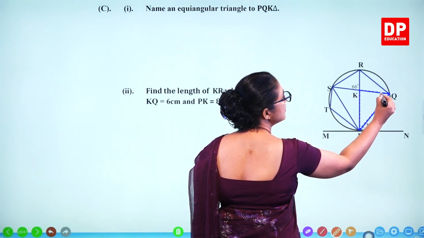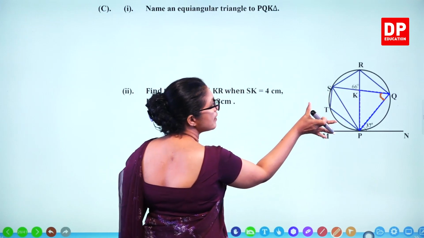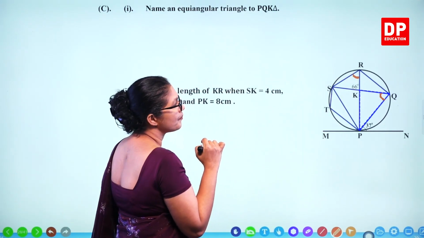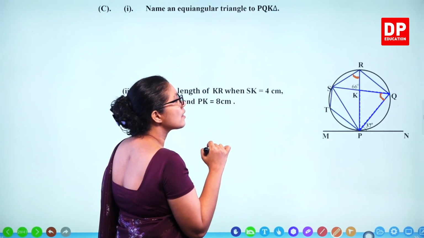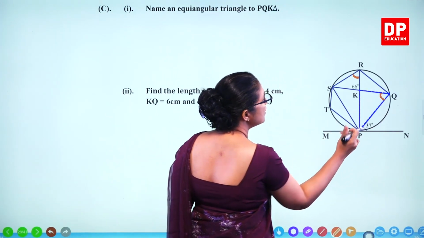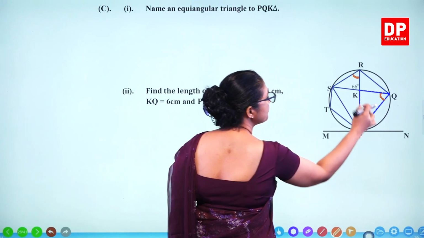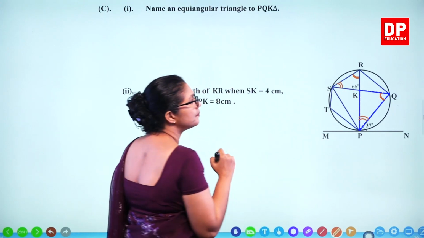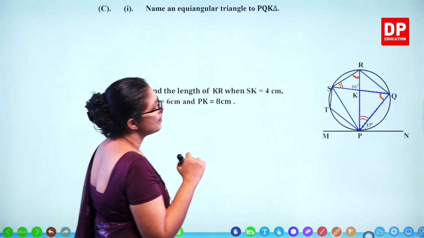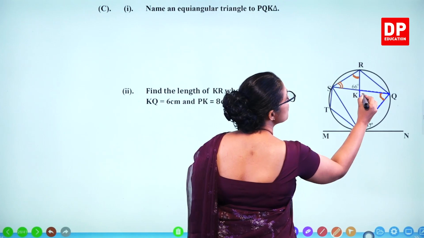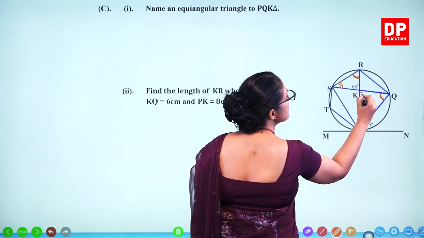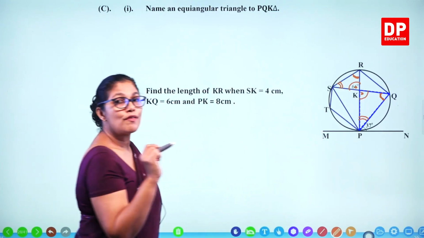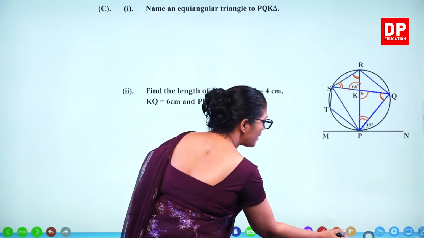This angle, same segment angles here, and this angle, both are equal. Then another angle here, this is the same. And what about this one? This angle and this angle, opposite angles are equal. Now we have found the equiangular triangle.